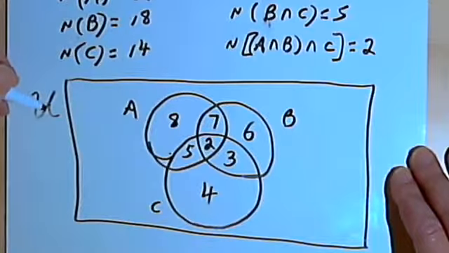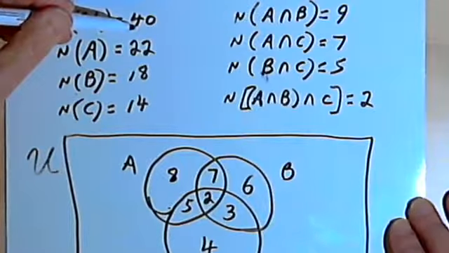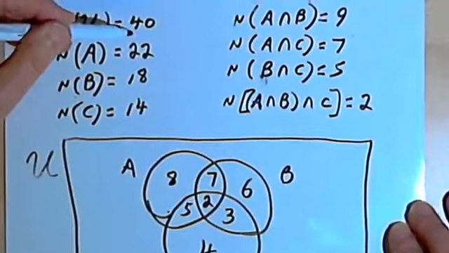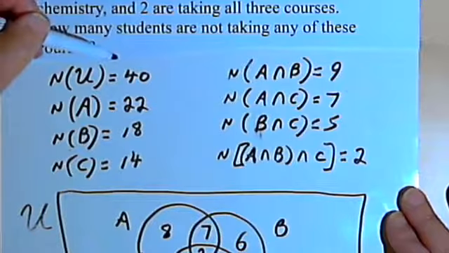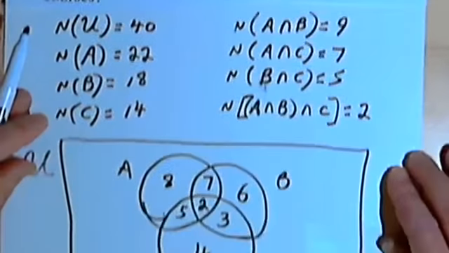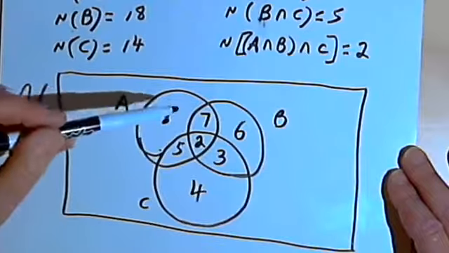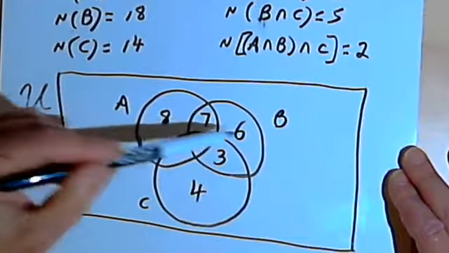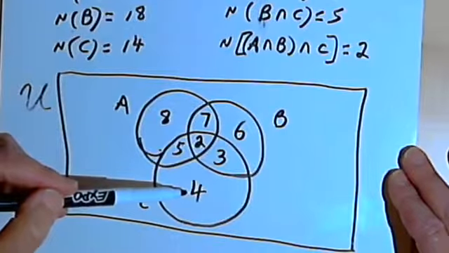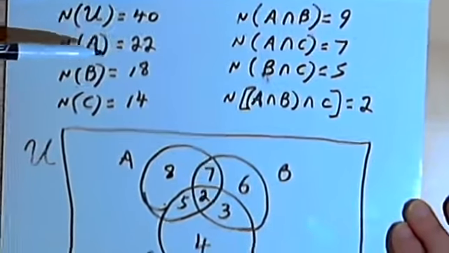And I've also got the fact that the universal set contains 40 students. My question was, how many students are not taking any of these courses? So all I have to do is add up the total number of students who are in any of these courses, algebra, biology, or chemistry, and subtract that from the universal set, which is 40.